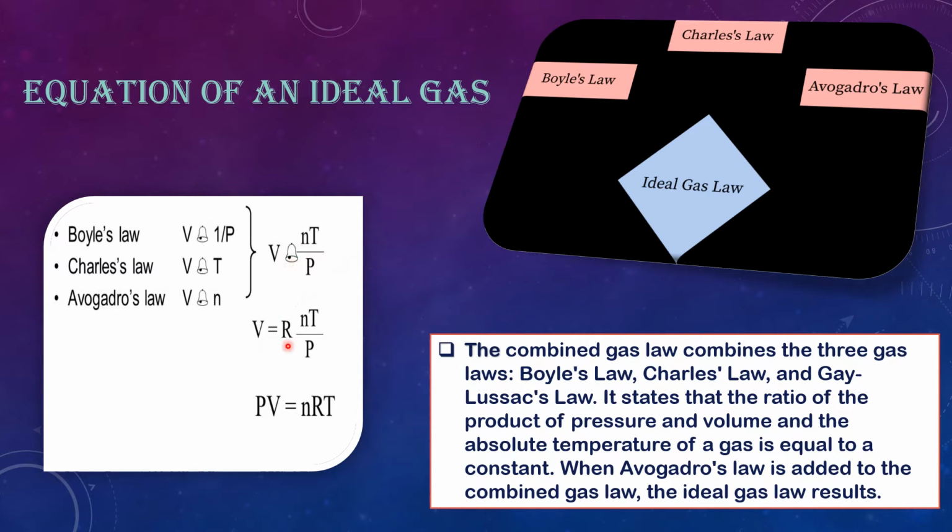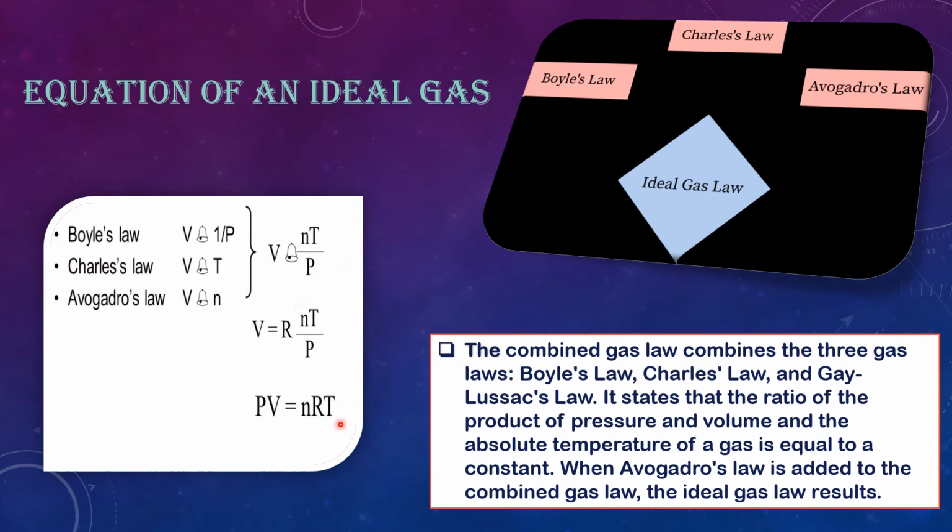Variation sign is there, so we have to take one proportional constant and that is capital R. So, V is equal to R into N T by P. In the next step, after cross multiplication, we can write P into V is equal to nRT.